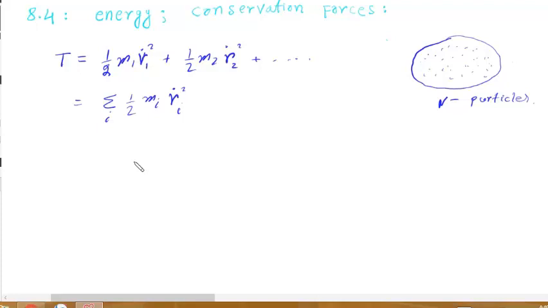As in the case of the angular momentum, T can be separated into the center of mass and the relative terms.